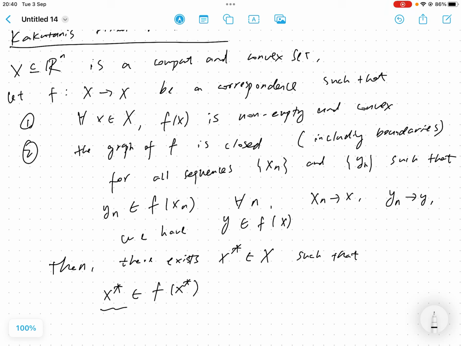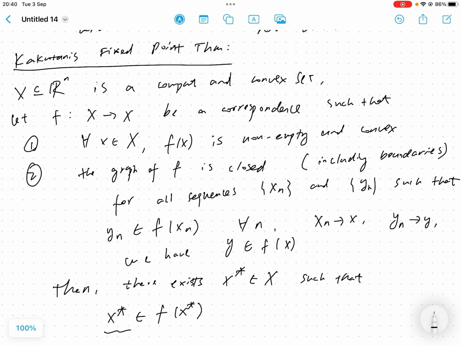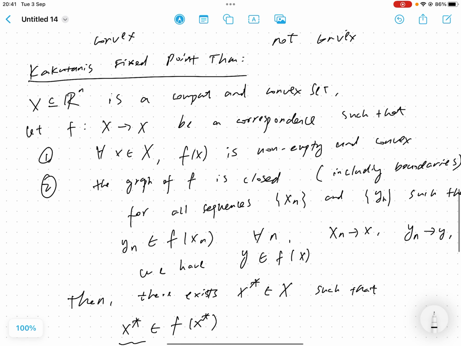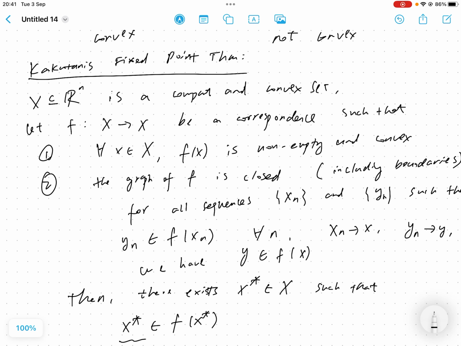That's why we call this the fixed point theorem. What we are inputting is within the set of outputs of F. That's the meaning of the statement of Kakutani's fixed point theorem, and later we'll use it to show the existence of the Nash equilibrium.